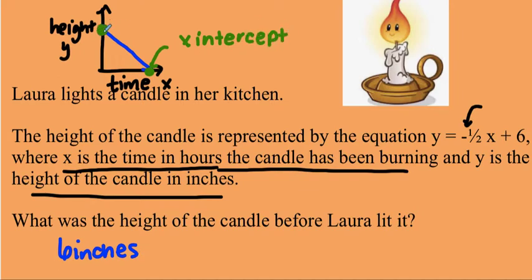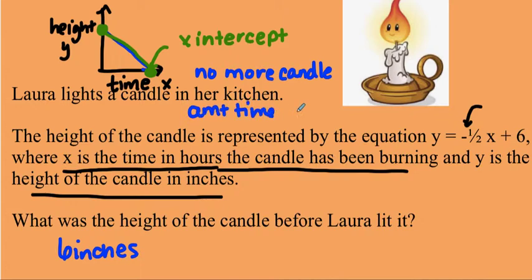So if this is the starting point and then it's going down by 1/2 inch each hour, what would this point mean? Well, hopefully you're thinking it's when the candle's burnt out. No more candle. It's the x-intercept, and it means that that's the amount of time for the candle to burn completely.